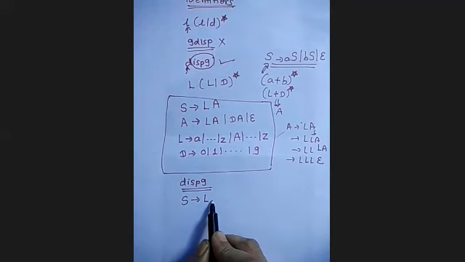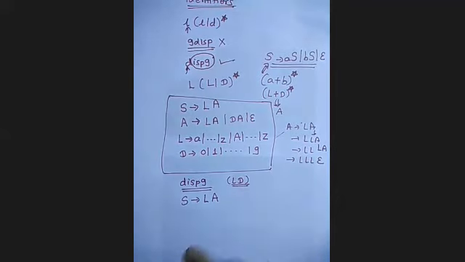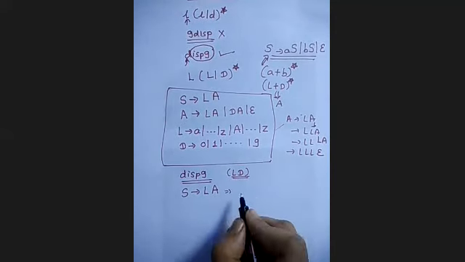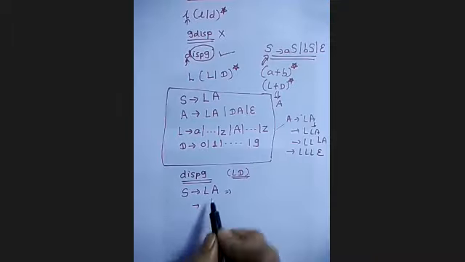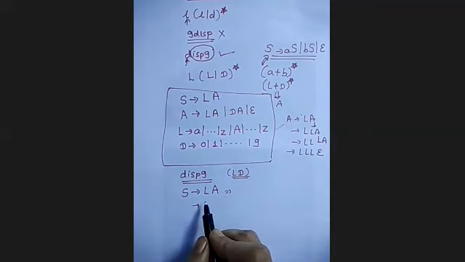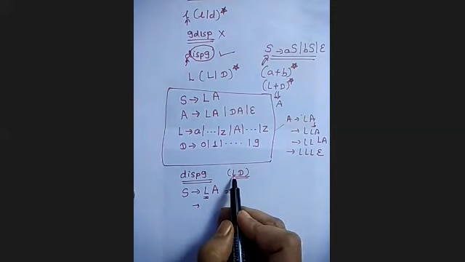Starting with S, there is only one right-hand side. S gives LA. Next step, tell me. Let us apply leftmost derivation. Which rule will you apply now? Leftmost derivation, so we apply the rule to the L. L gives what?